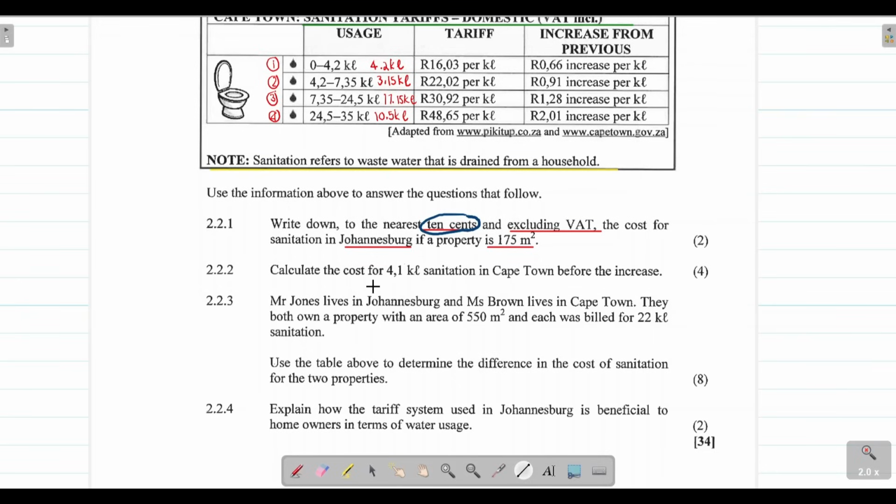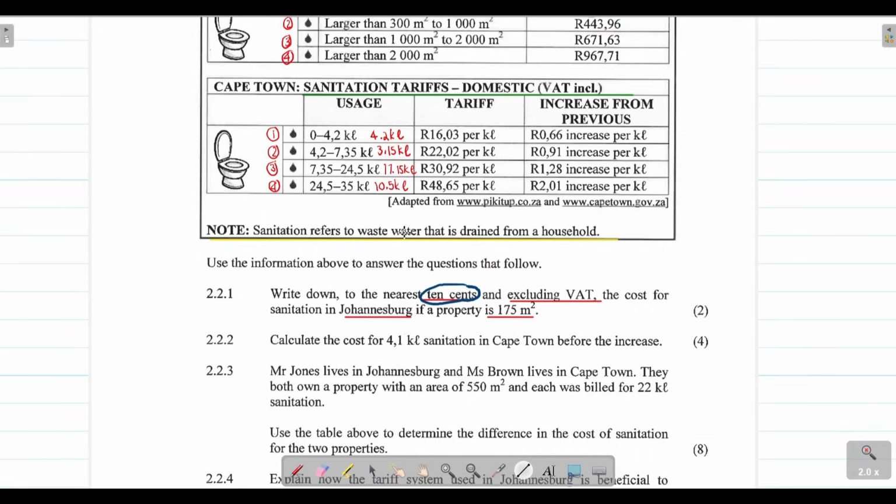Now we want to determine how much we will pay towards our sanitation bill if you use 4.1 kiloliters in Cape Town. We can see that 4.1 kiloliters falls within the first block, because the first block is if you use between 0 to 4.2 kiloliters of sanitation.